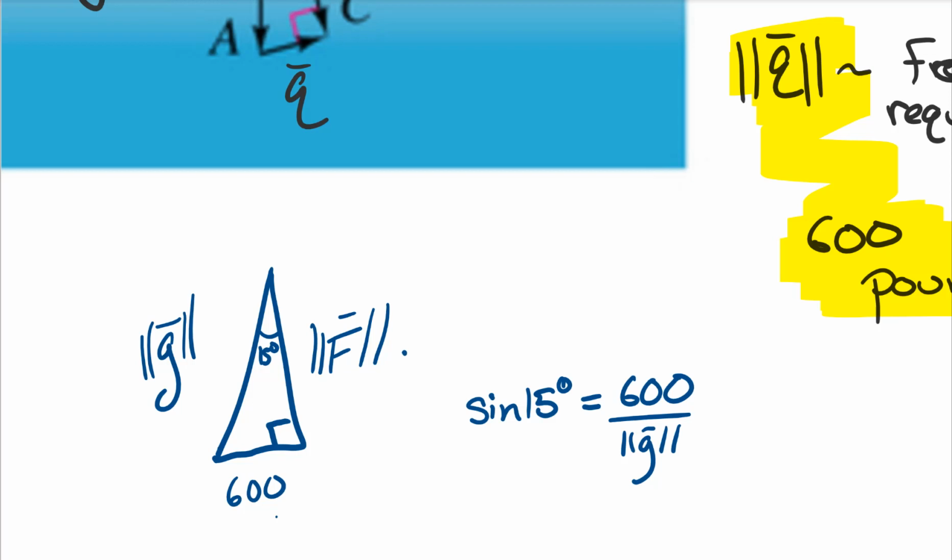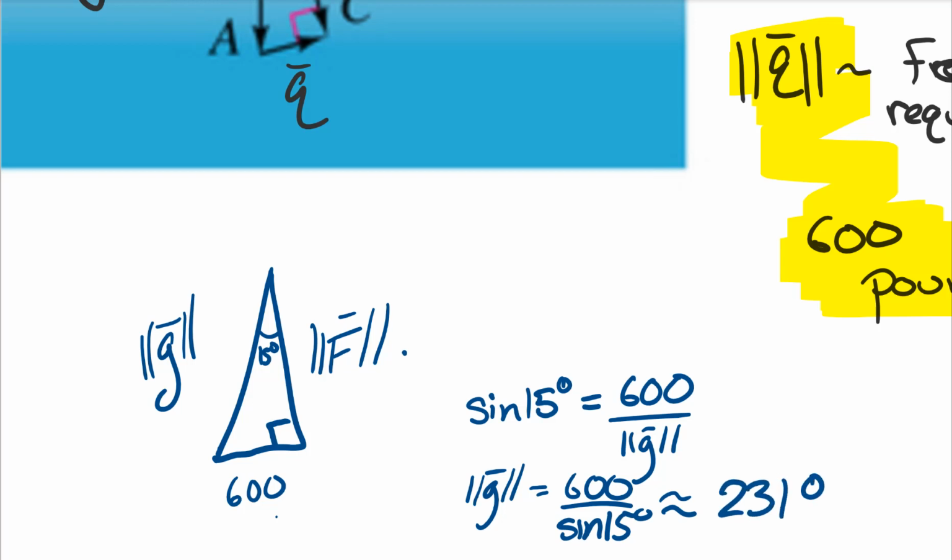We multiply it over, we divide it out, hopefully you know this trick, and we get 600 divided by sine of 15 degrees. We punch that into a calculator, and there it is: 2,318-ish.